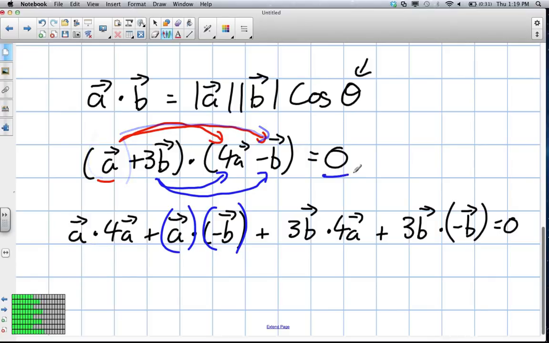How did we get 0 here? Because these two vectors themselves, it said in the question, were perpendicular to each other. So because they're perpendicular, we know that when we find the dot product of the two of them, it is going to be equal to 0. So we use that information to reverse this and find out what theta is going to be in the end.